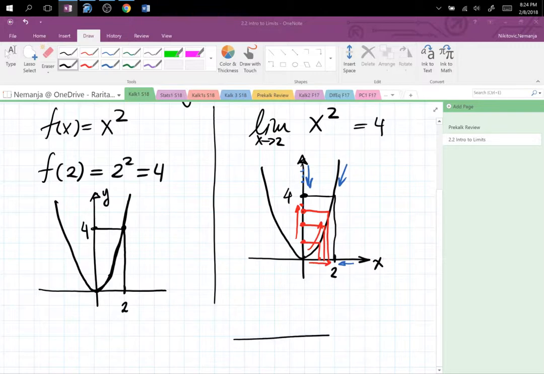So our job is to figure out what is happening with the y values. These are your x values and these are your y values. Your job is to calculate the limit of the function at 2. You are not allowed to calculate 2 exactly. We'll see the benefits of that later.